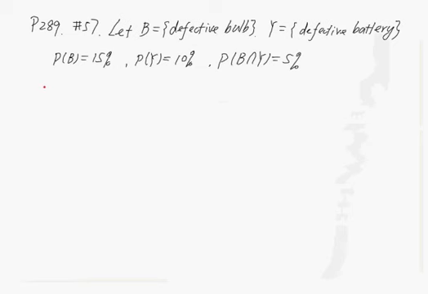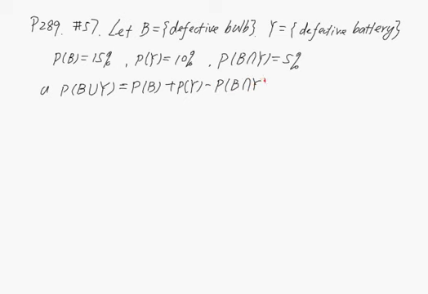So we need to find the probability of B union Y. We have the rule for this: the probability of B plus the probability of Y minus the probability of B intersection Y. Then let's plug in the values. We have 50% plus 10% minus 5%. So 50 minus 5 is 45, 45 plus 10 is 55. So finally you get 55%.